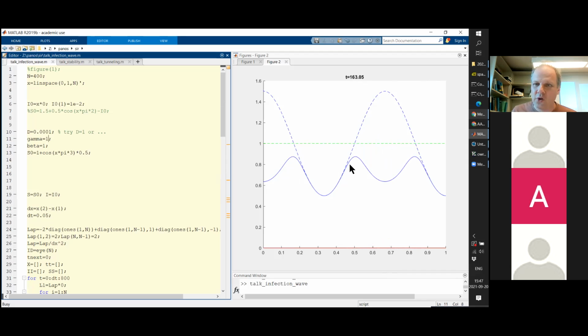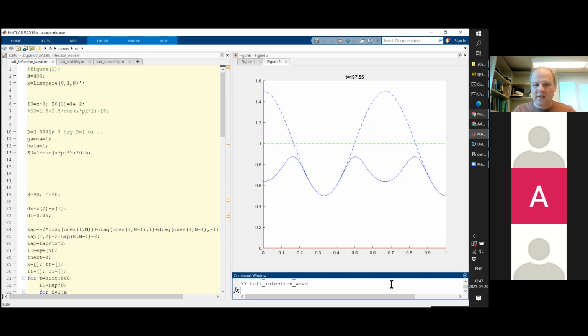It is able to tunnel through onto the other side and reappears at the maximum of the population density. Then everything that can be infected gets infected, and you get this steady state that looks like this. So it's interesting that even if you have buffer zones, everything that can be infected still gets infected.